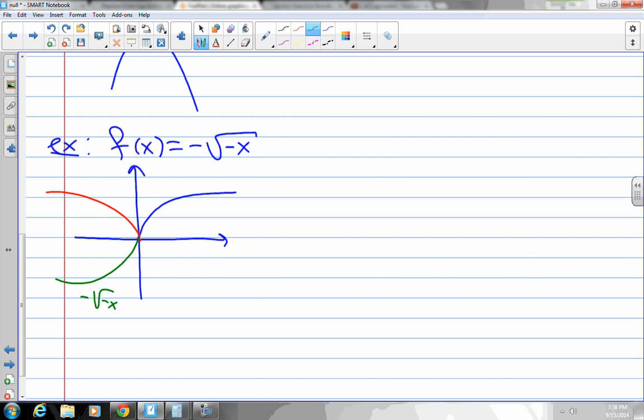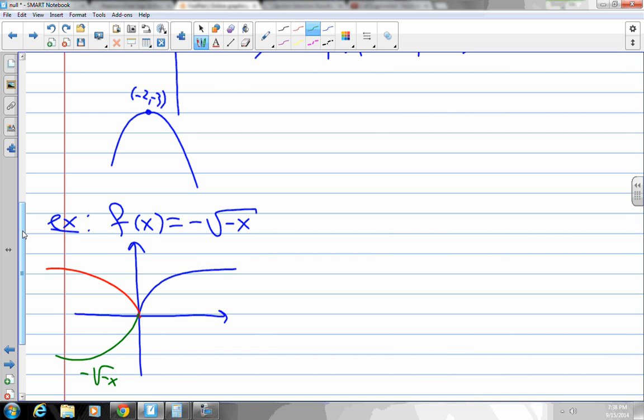The green one would be the answer. So it does 2 flips, over the y and over the x, or over the x and over the y. Same result. How's that? Is that good? Yeah, so that's 6. 4 more. We're almost there. 4 more.